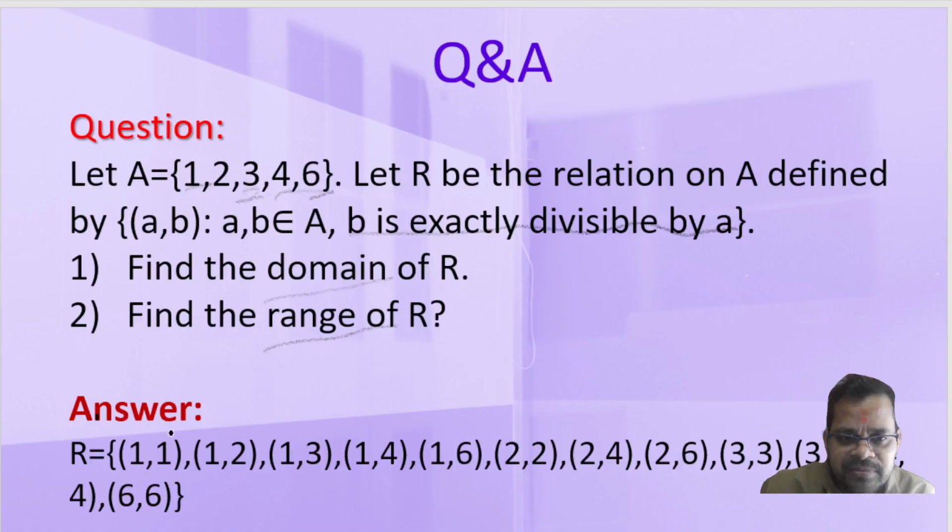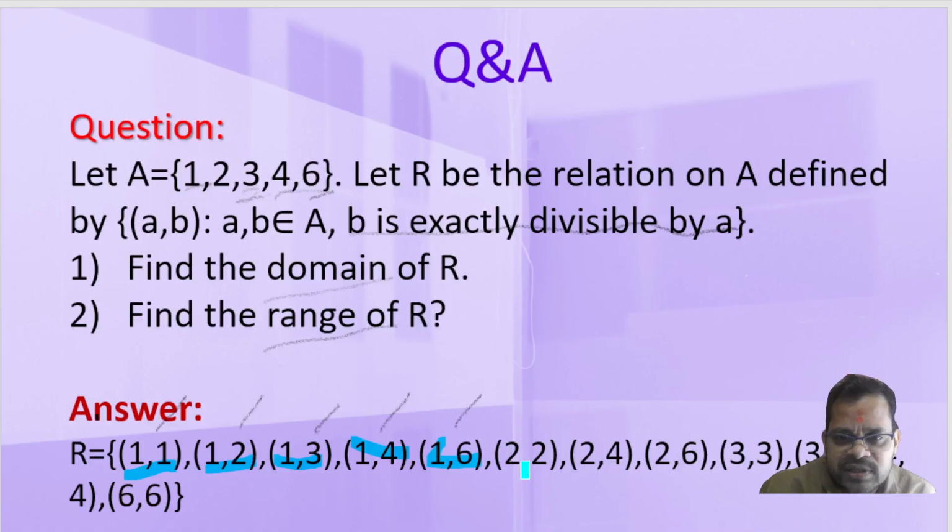So there are 5 ordered pairs coming: (1,1), (1,2), (1,3), (1,4), (1,6). Do you understand that, or do you have any doubt? It is so because 1 divides all the integers. So here there are 5 elements.